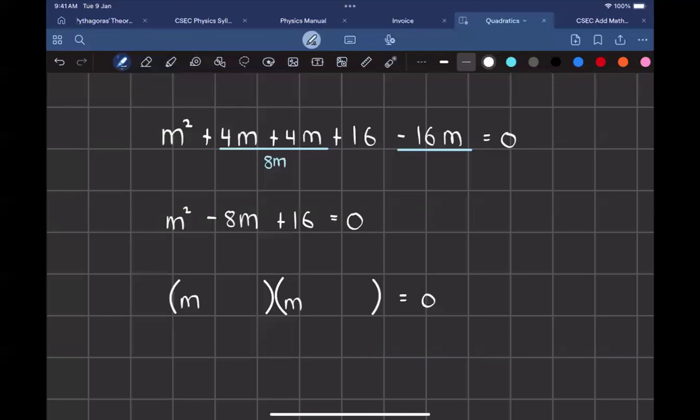But 4 and 4 would give you a positive 8, but we want negative 8. You're very close.